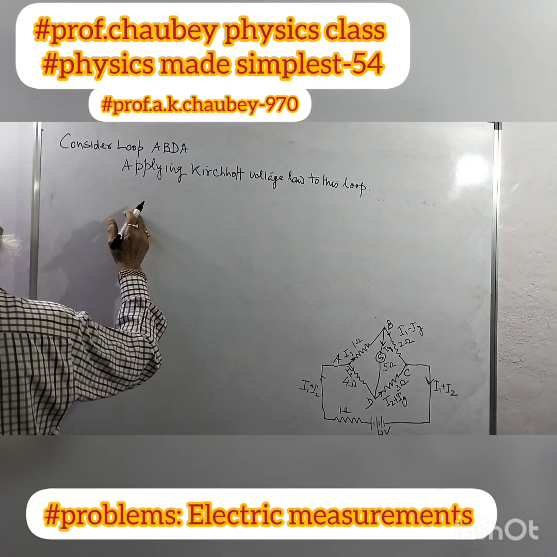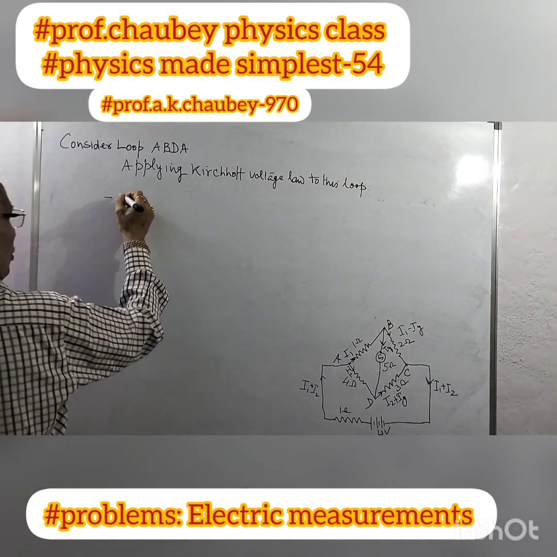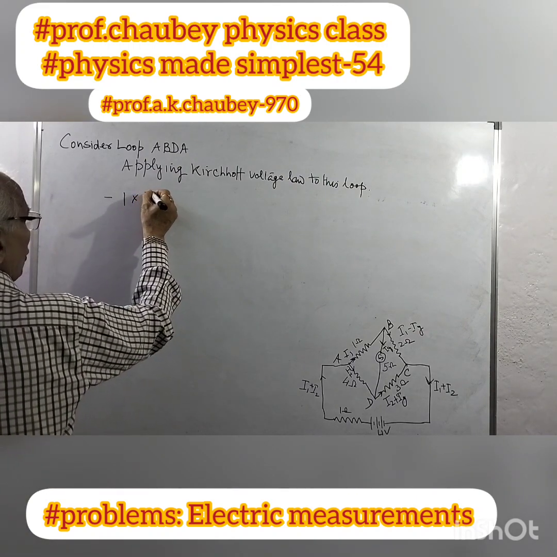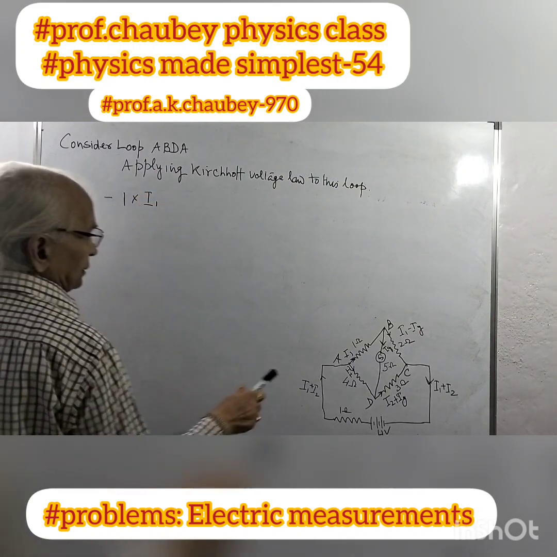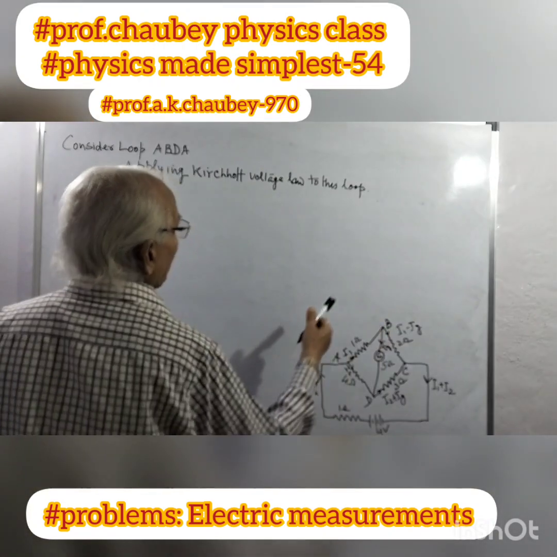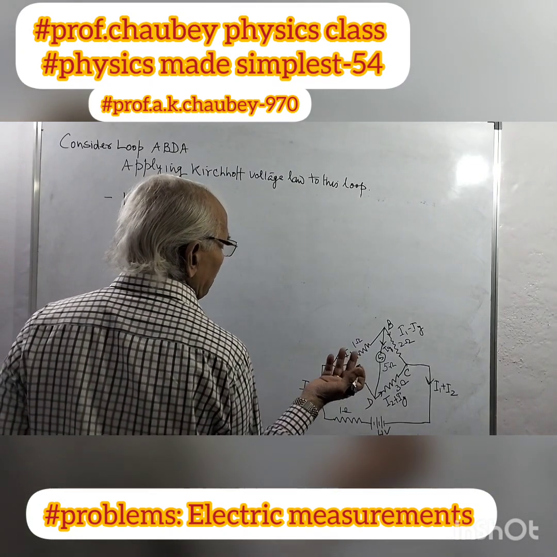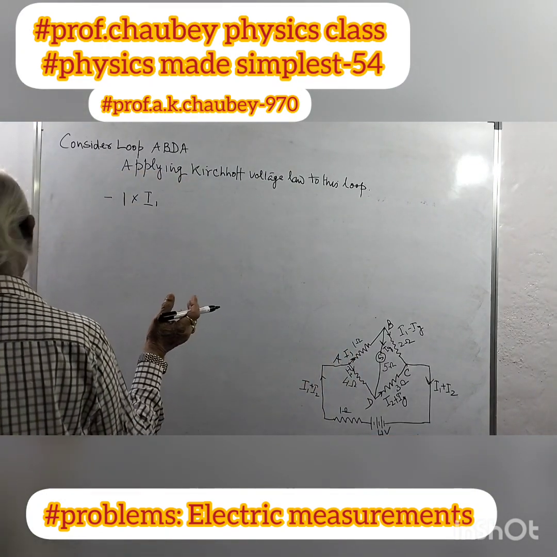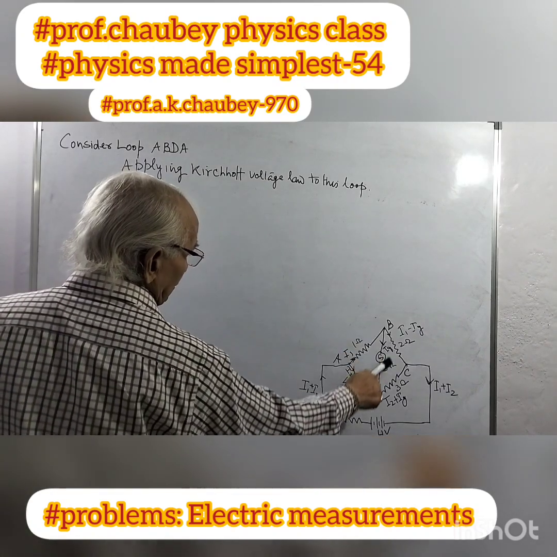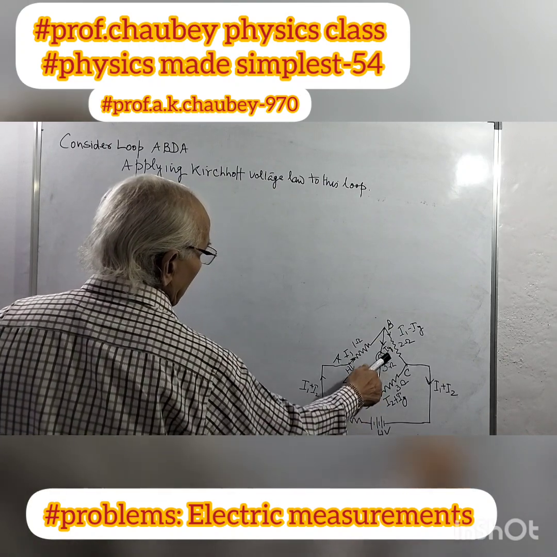So we write the Kirchhoff equation: minus the IR drop, R is 1 ohm into the current I1. Why minus? Because I am taking this current as the opposite current. I am taking this current as positive. You can take this negative and this positive. One positive, one negative. So minus 1 into I1, and this current is also anti-clockwise, so 5 ohm resistance and Ig current.